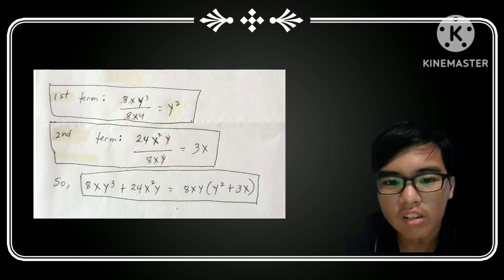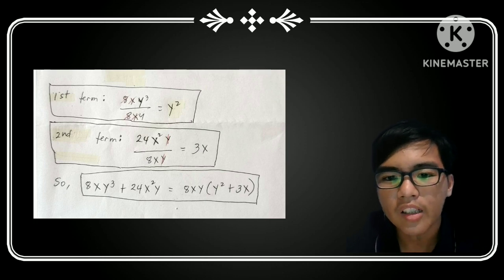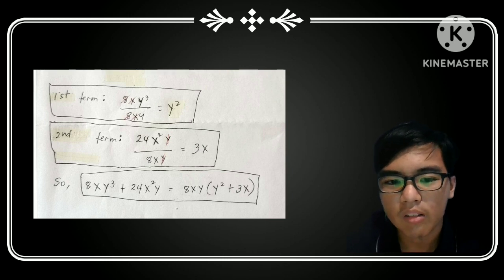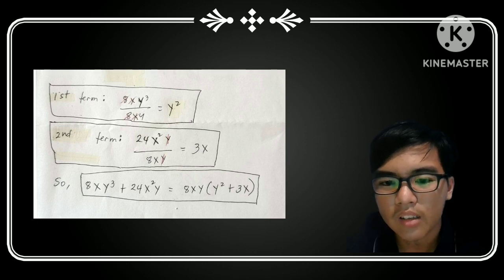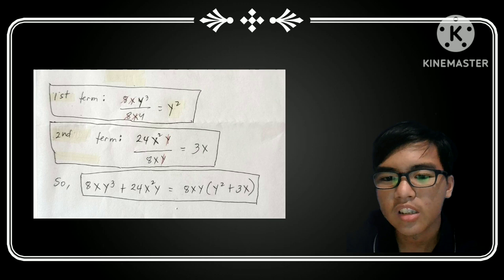So 24 divided by 8 is equal to 3, and for the x variable, x squared divided by x is equal to x, and eliminate y. So this is now the factored form of the given expression: 8xy multiplied by y squared plus 3x.